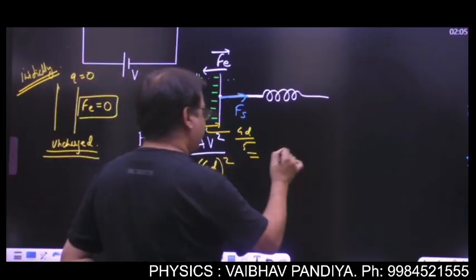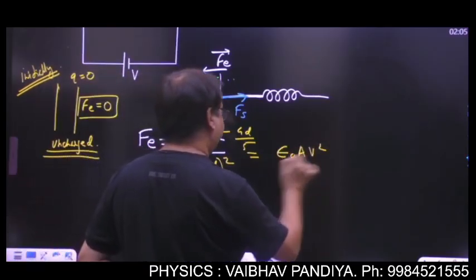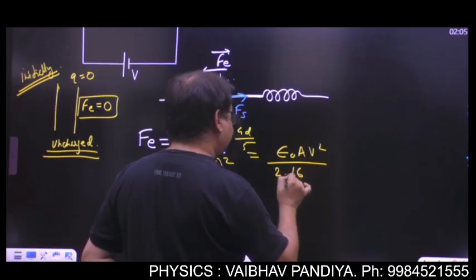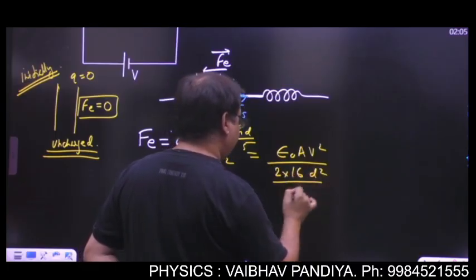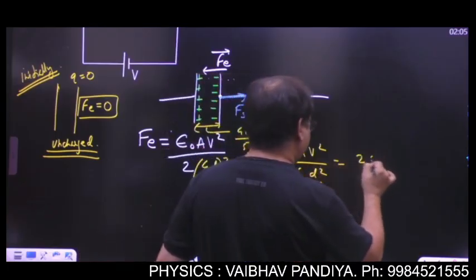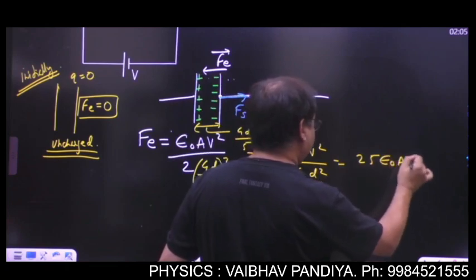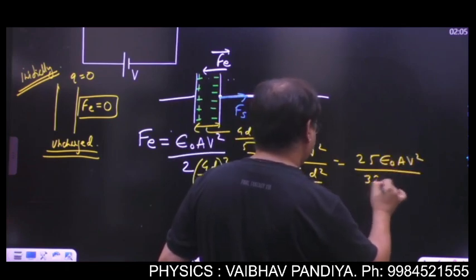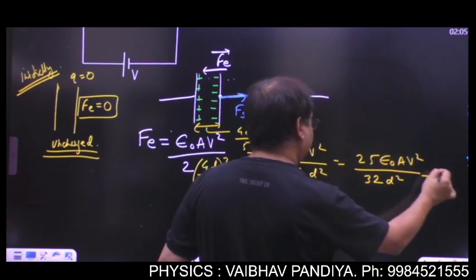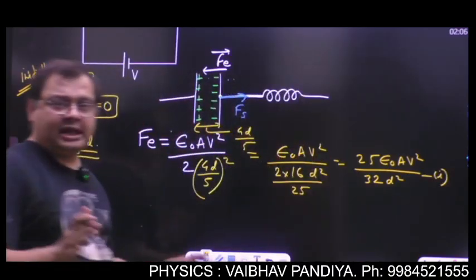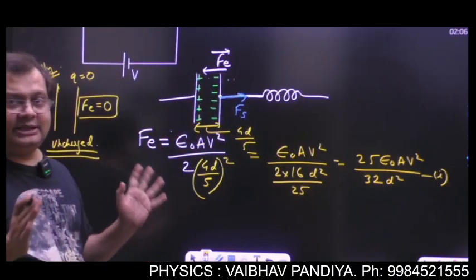So this will come to be epsilon naught A V square by 2 into 16 d square by 25. So you will get 25 epsilon naught A V square divided by 32 d square. Okay. So this is the electric force acting between the plates at equilibrium.